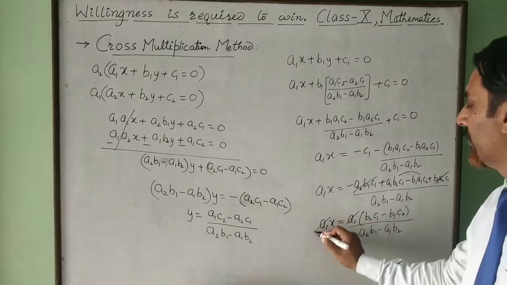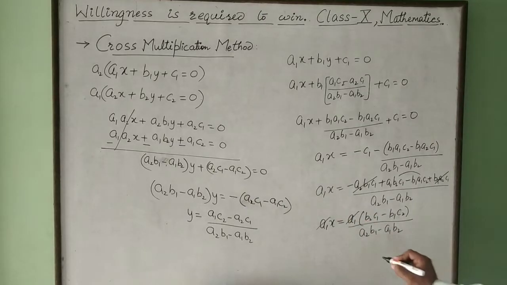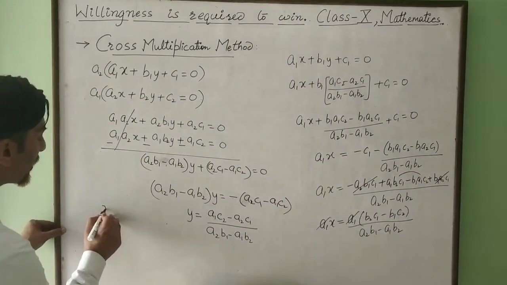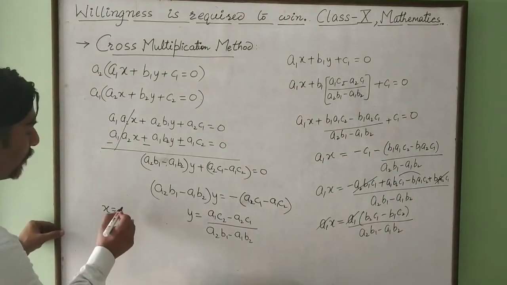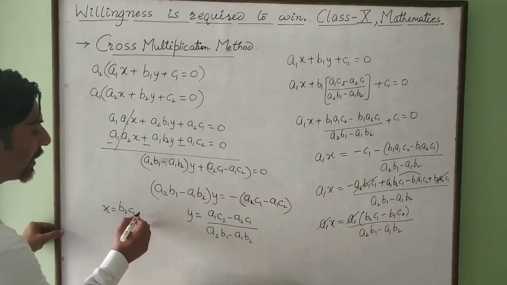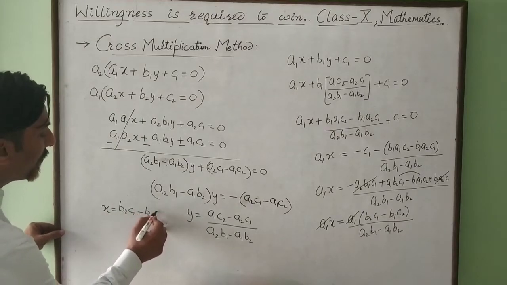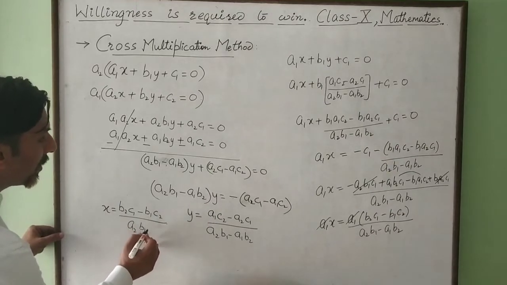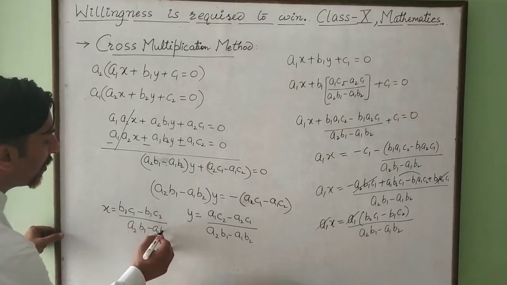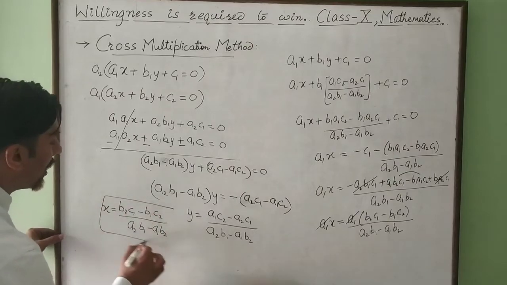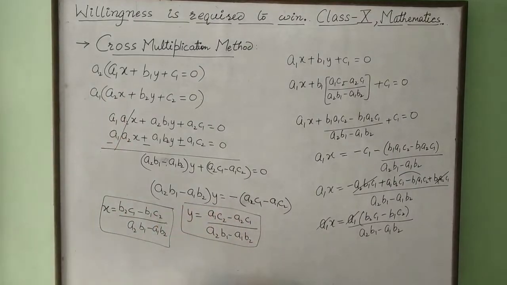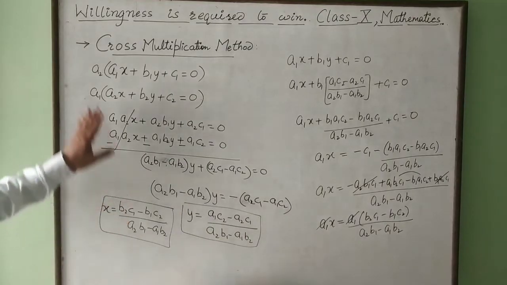So this a1 will cancel out and the value of x came out to be b2 c1 minus b1 c2 upon a2 b1 minus a1 b2. So this is the value of x and this is the value of y that we have found using the elimination method.